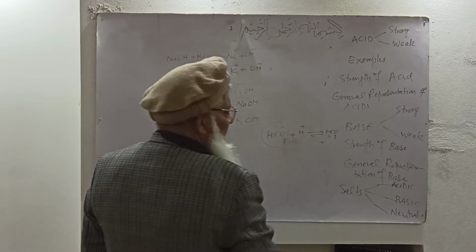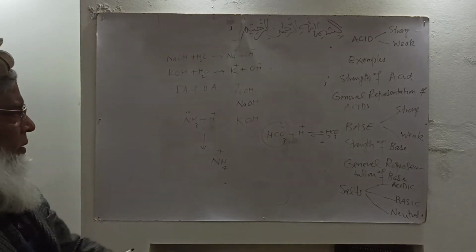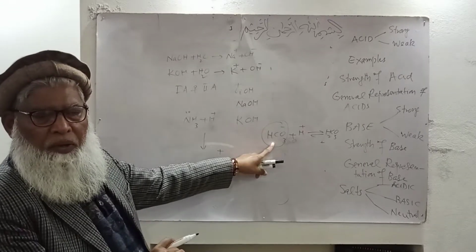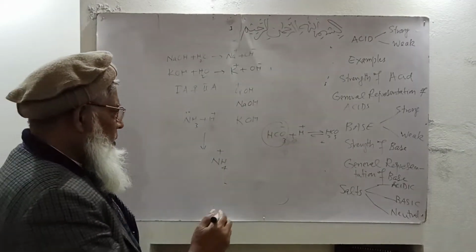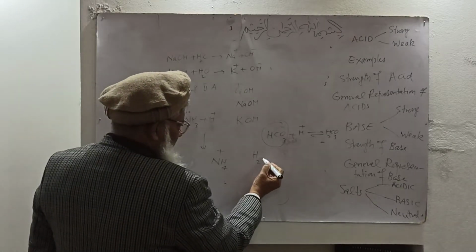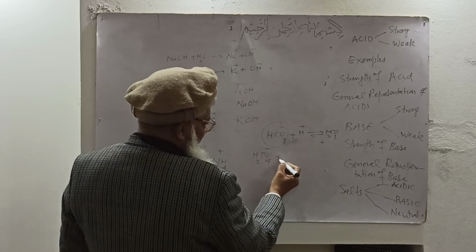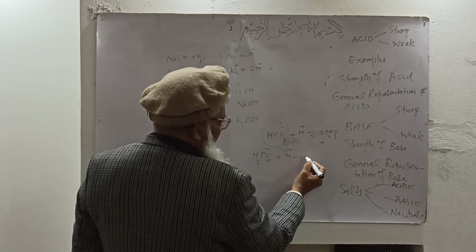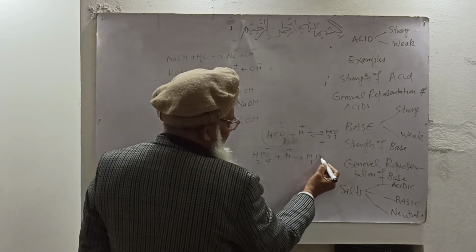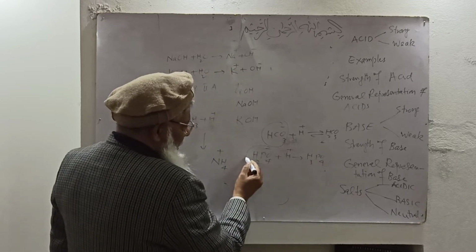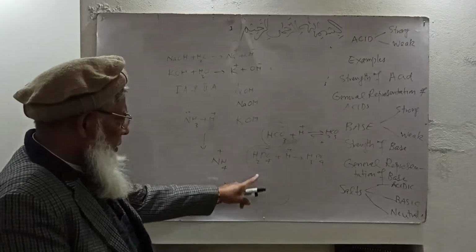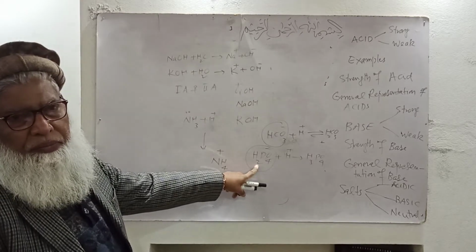This ionic species is here behaving like a base. Similarly, dihydrogen phosphate accepts a proton and is converted into phosphoric acid. So this ionic species is basic in nature.